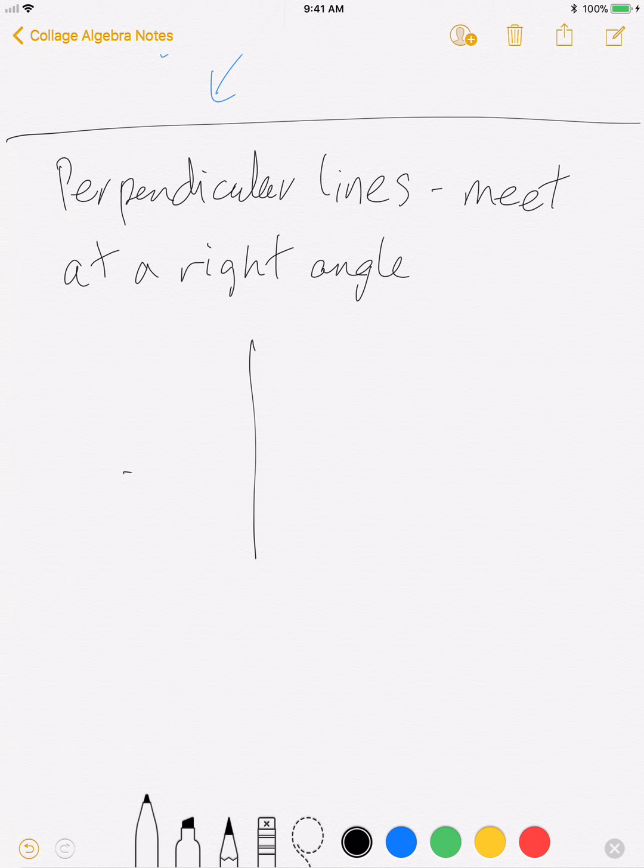So my first line is heading this way, and my second line is heading this way right here. And the two lines meet exactly at a 90-degree angle. We will say that line 1 is perpendicular to line 2.